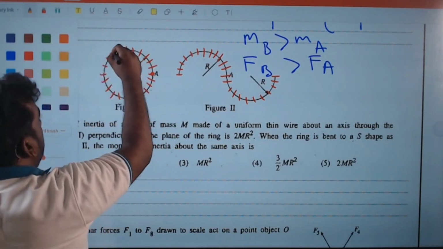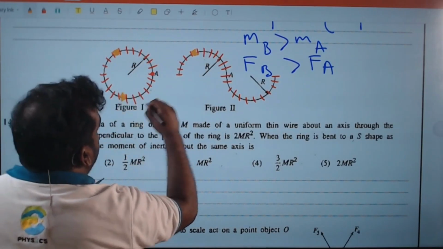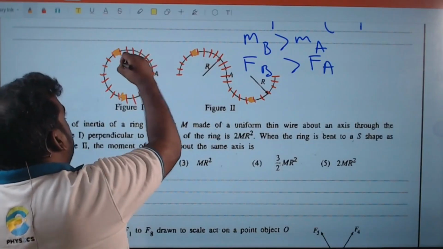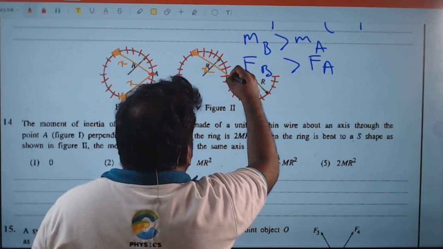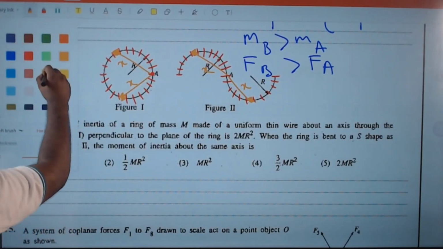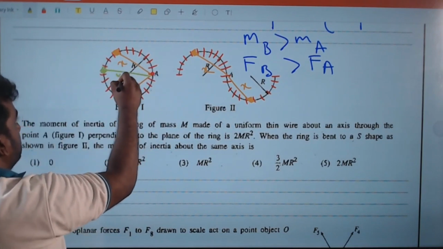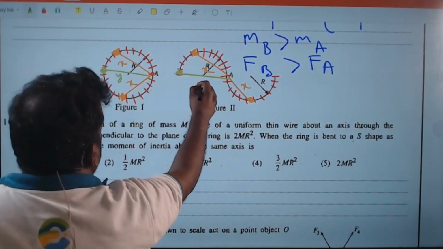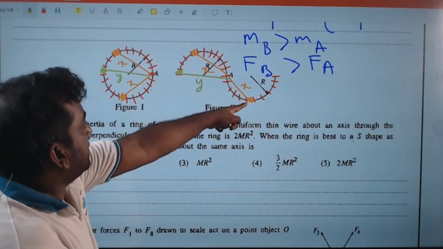If I consider this one, from here to here the distance is x, from here to here the distance is x. Now let me take from here to here distance y, from here to here distance y. You can see the distances don't change.